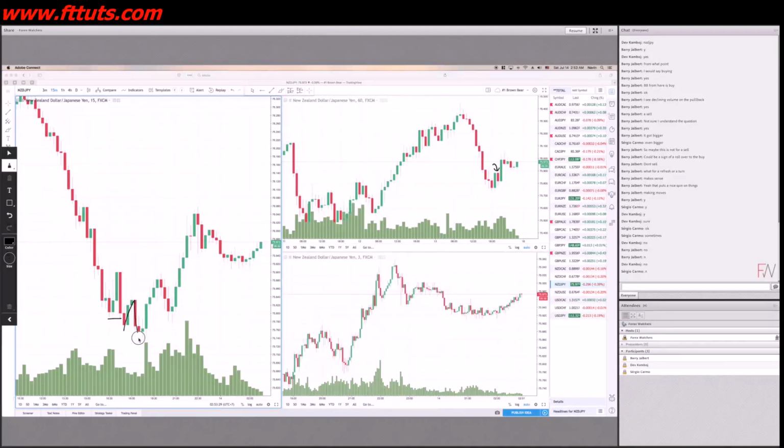Pulls back again, lower low. Okay, V formation. Is the V formation done here? Lopsided? Higher low. Okay, here's a higher low. Is the V formation done here yet? Needs a struggle.